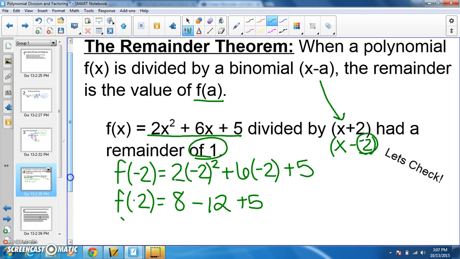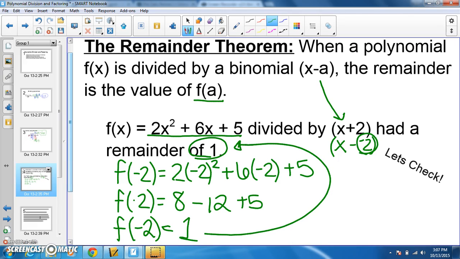And our solution of f of negative 2 is equal to 1, which is in fact the remainder we got when we divided by x plus 2.